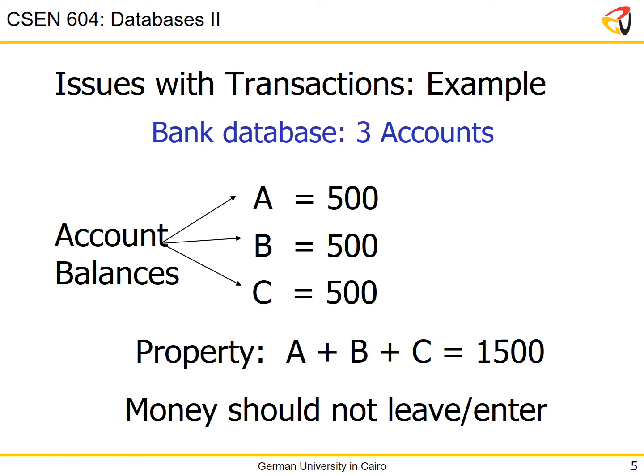The answer is that it will never happen, so don't try it. The database engine will not be deceived. If you move money between those three accounts, the sum will always be 1500. The reason is how transactions work and how the scheduler schedules the reads and writes.